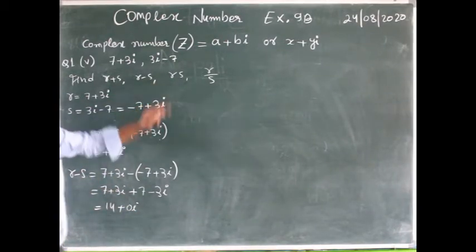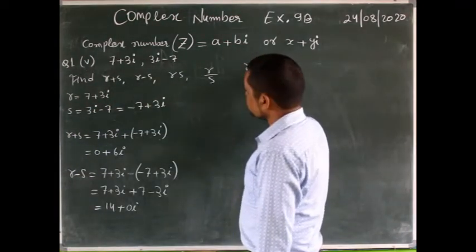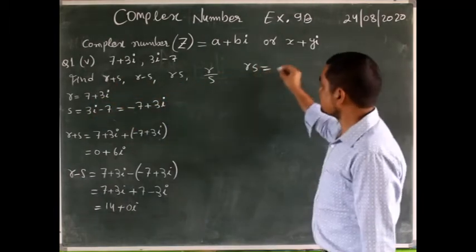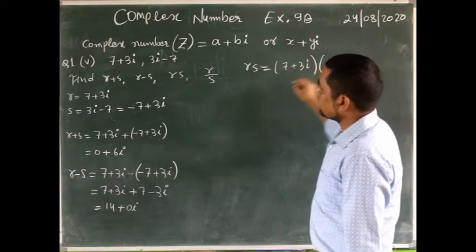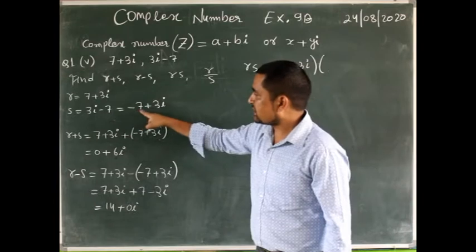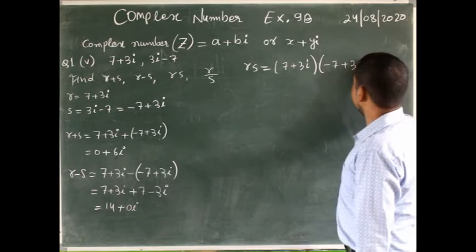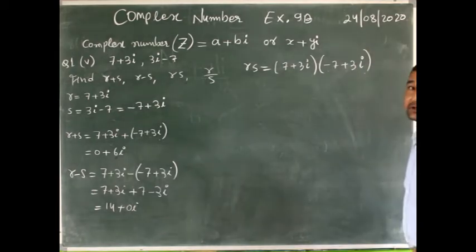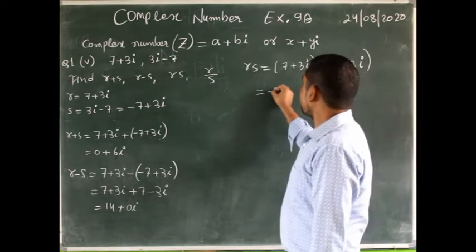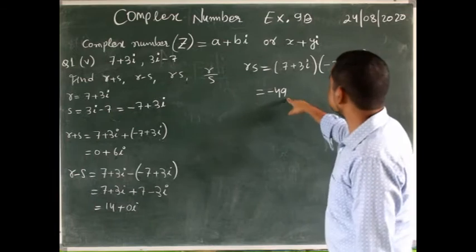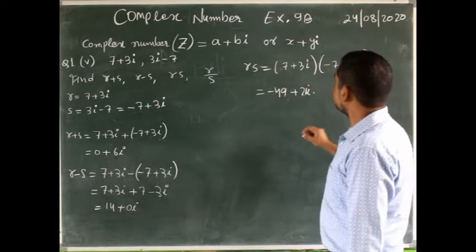Now r multiply s. Substitute the value of r, 7 plus 3i, multiply by s, minus 7 plus 3i. Now give the product. 7 sevens are minus 49, because plus minus is minus. 7 threes are 21i.